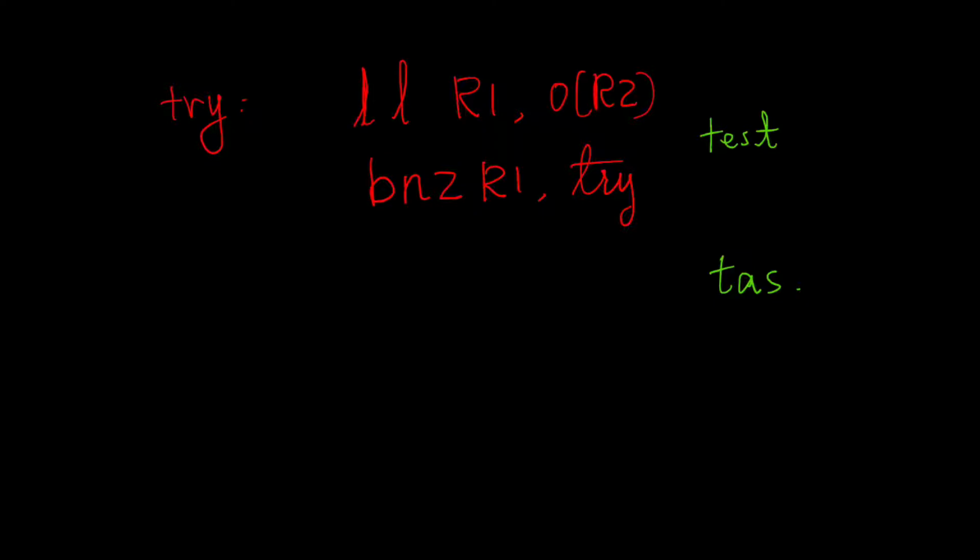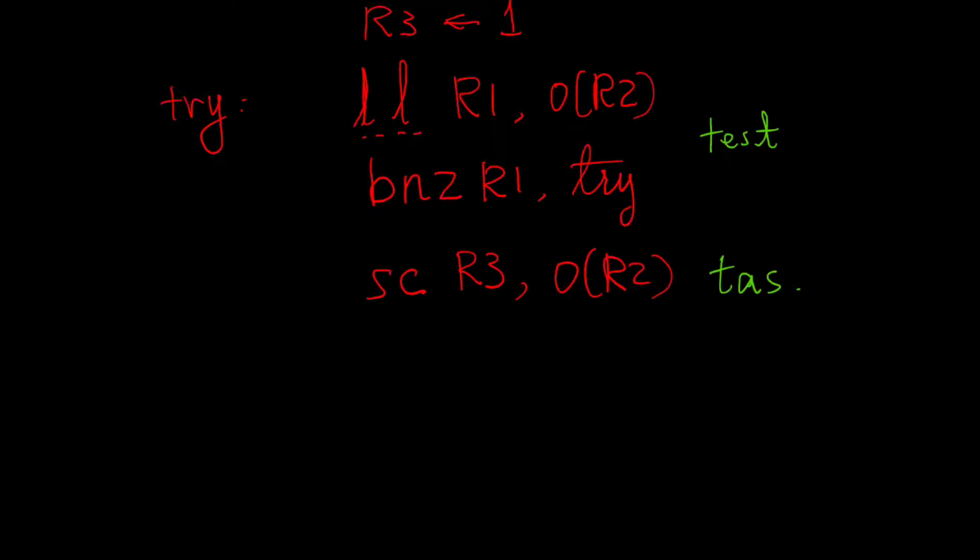But we already loaded over here. So all we have to do is to store the result to it. Let's say I already made my R3 being 1. Now all I have to do is to say store conditional R3 into memory location 0 R2.